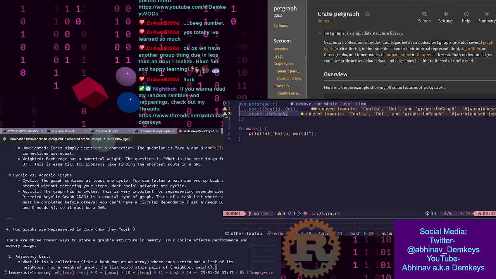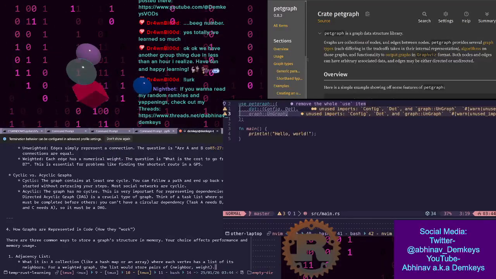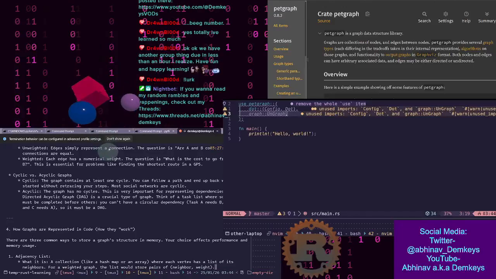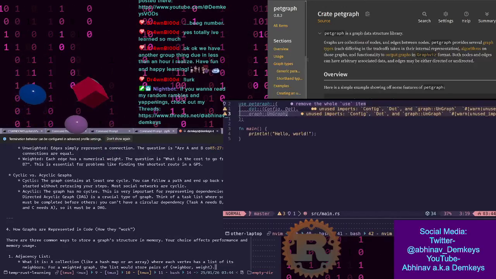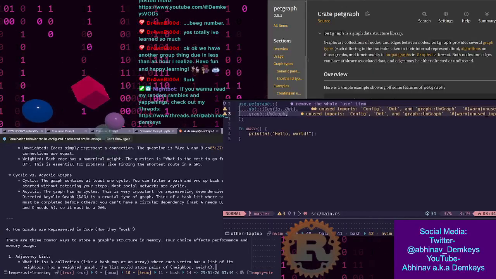Cyclic versus acyclic graphs. Cyclic: the graph contains at least one cycle. You can follow a path and end up back where you started without retracing your steps. Most social networks are cyclic. Acyclic: the graph has no cycles.